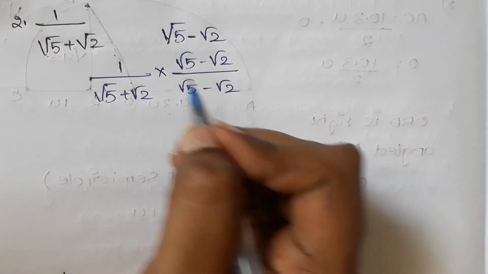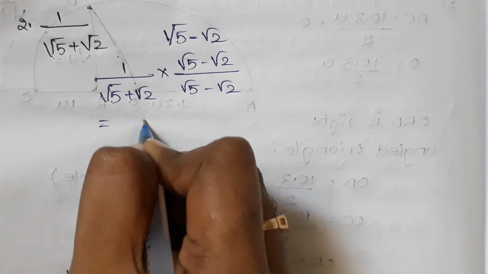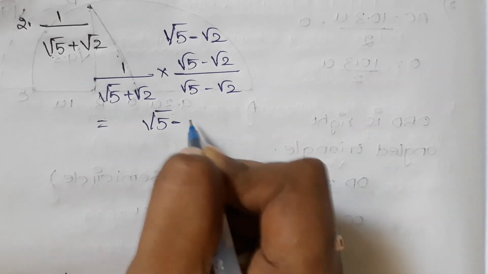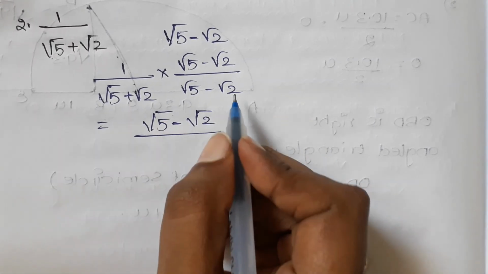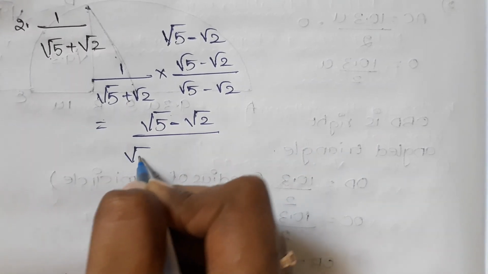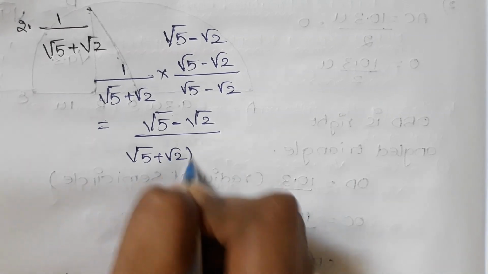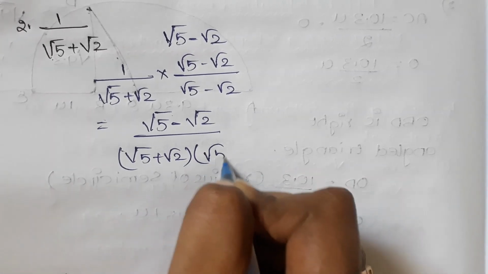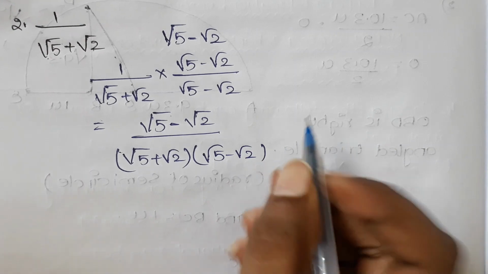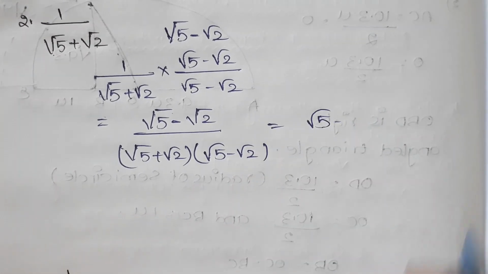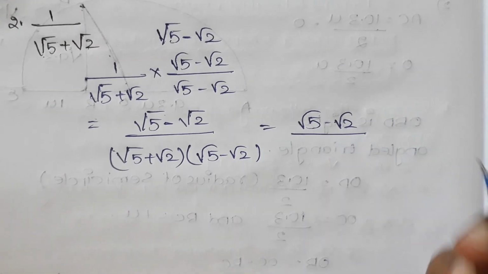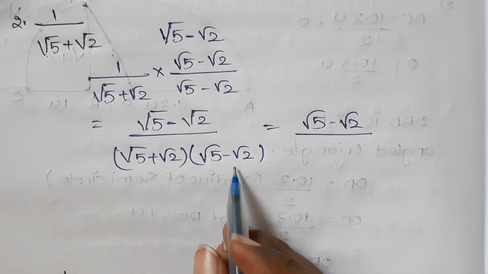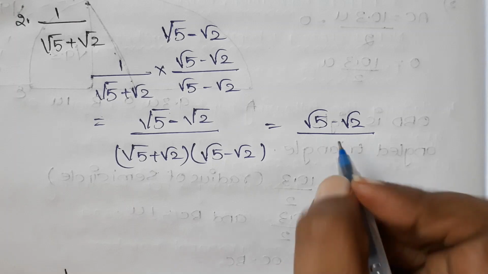Now we will get root 5 minus root 2 divided by (root 5 plus root 2) into (root 5 minus root 2), which is in the form of a plus b into a minus b, that is a square minus b square.